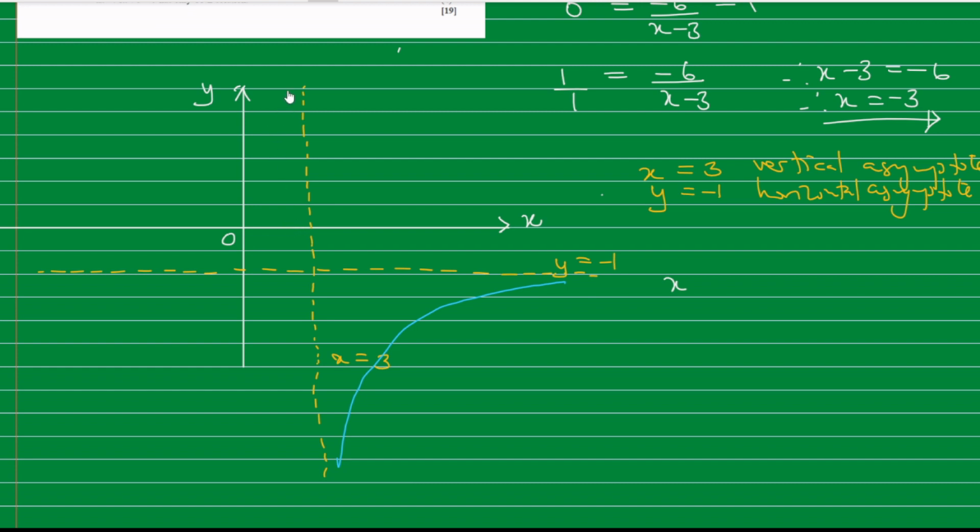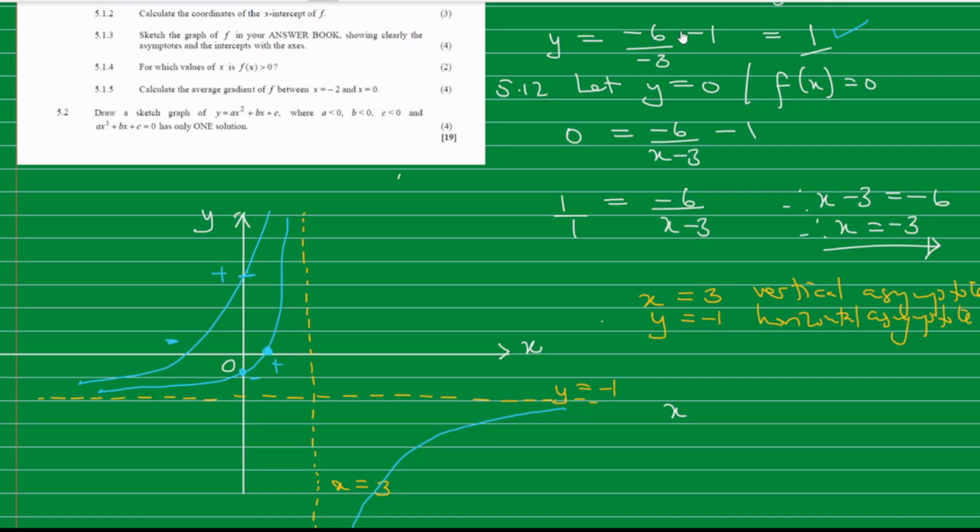I can draw it like that, I'm just illustrating, or I can draw it like that. Now, which scenario would be correct here? The y-intercept is there, and the x-intercept is here. So when you are drawing, your graph should cross on the positive side of the y-axis, and the negative side of the x-axis.